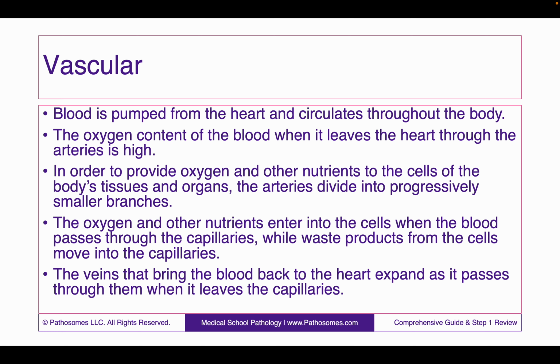The oxygen and other nutrients enter the cells when blood passes through the capillaries, while waste products from the cells move into the capillaries. The veins that bring the blood to the heart expand as it passes through them when it leaves the capillaries.